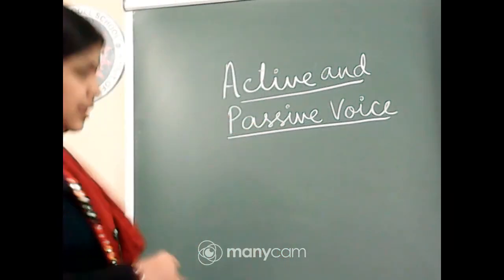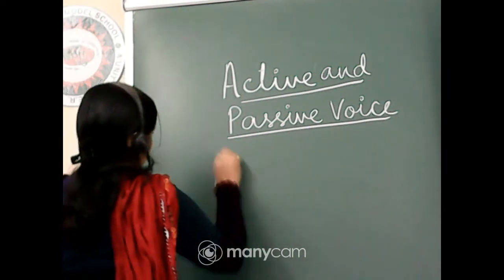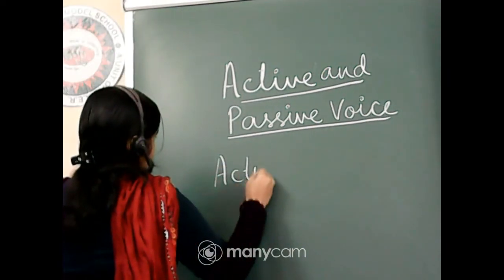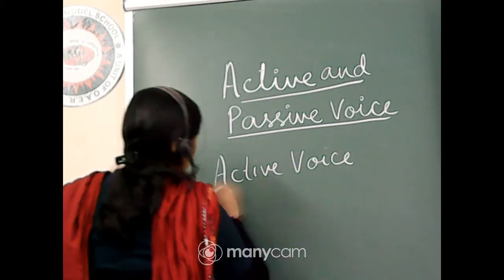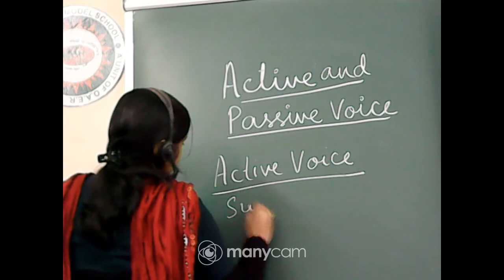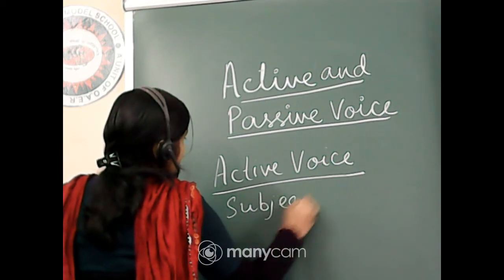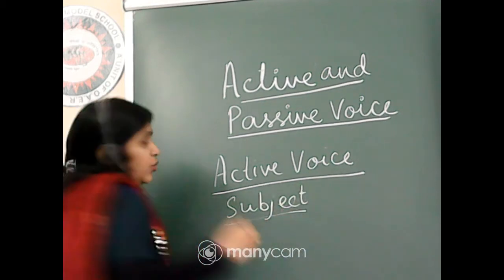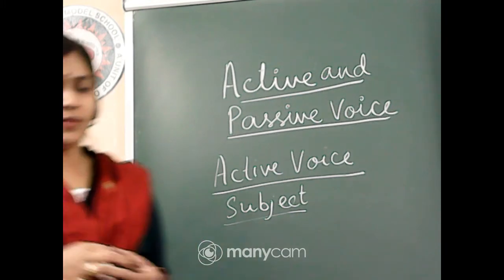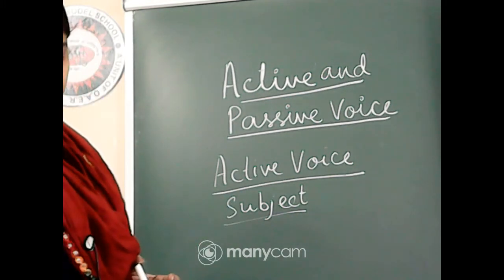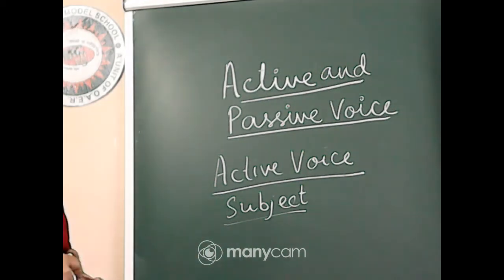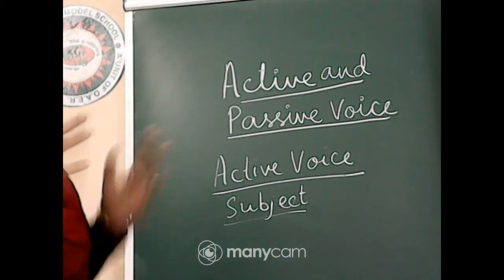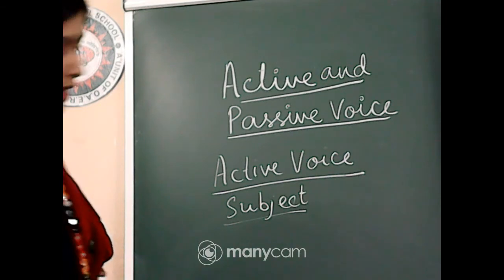So in the most simple manner, I'm going to explain to you what an active voice is. I'm sure you already know about it. When the subject of the verb is doing the action in the sentence, in those cases when the subject is performing the action and the object is receiving the action, it is said to be in the active voice.